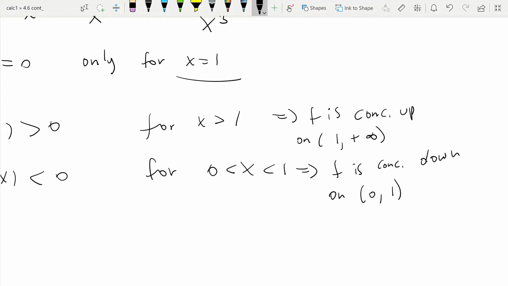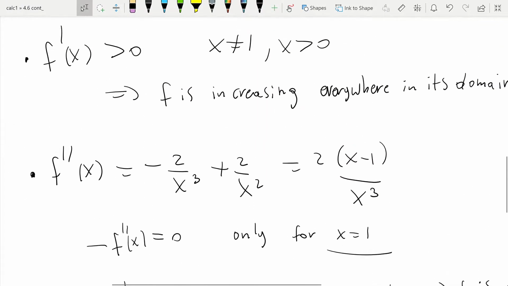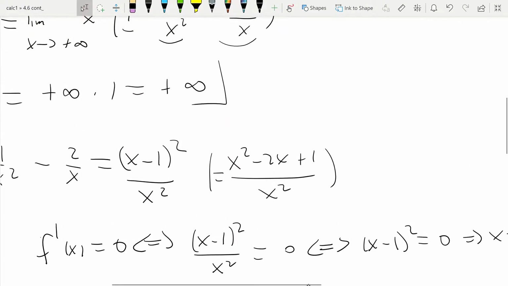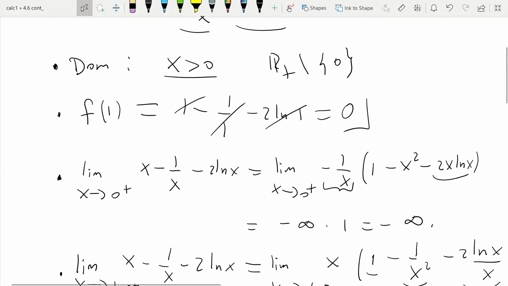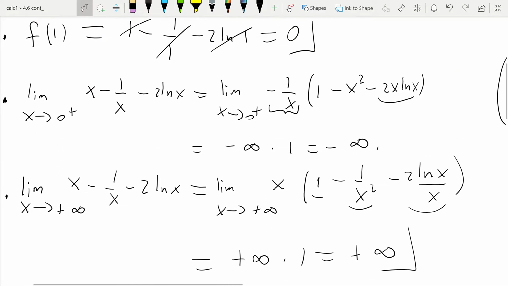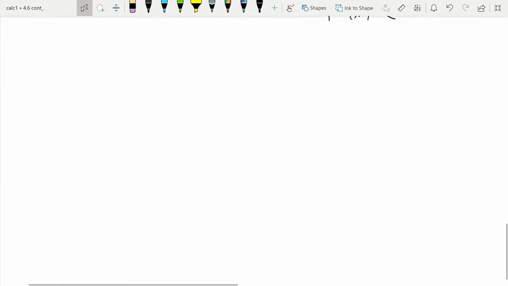So we have our point of inflection, the critical point, and we know that f prime is always positive. We have a vertical asymptote that is coming from the fact that the limit of f as x approaches 0 is minus infinity.